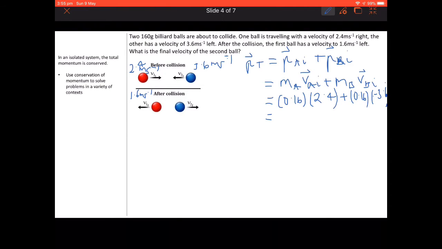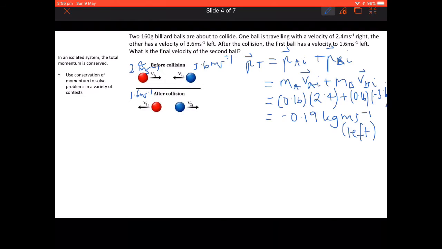This will be equal to negative 0.19 kilogram meters per second. So that's our total momentum of our system, or 0.19 kilogram meters per second to the left.